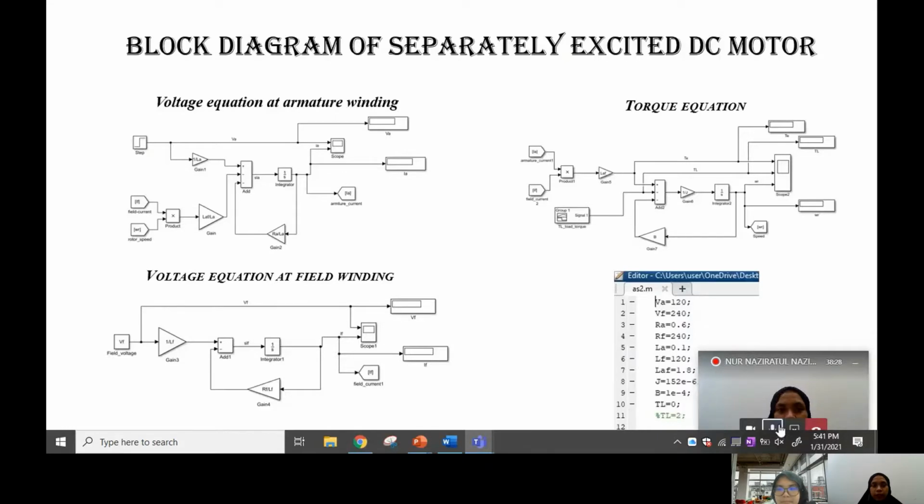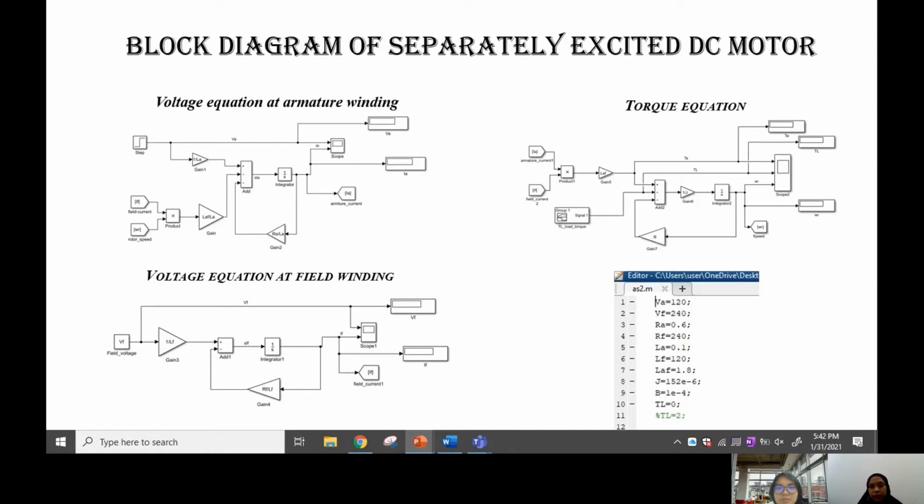Next, for the block diagram of the separately excited DC motor, it has three parts, which are the voltage equation at the armature winding, the voltage equation at the field winding, and the torque equation. For the block diagram, the gain block contains the formula of the gain of the parameter, and the value of the parameter has been written in the MATLAB editor.